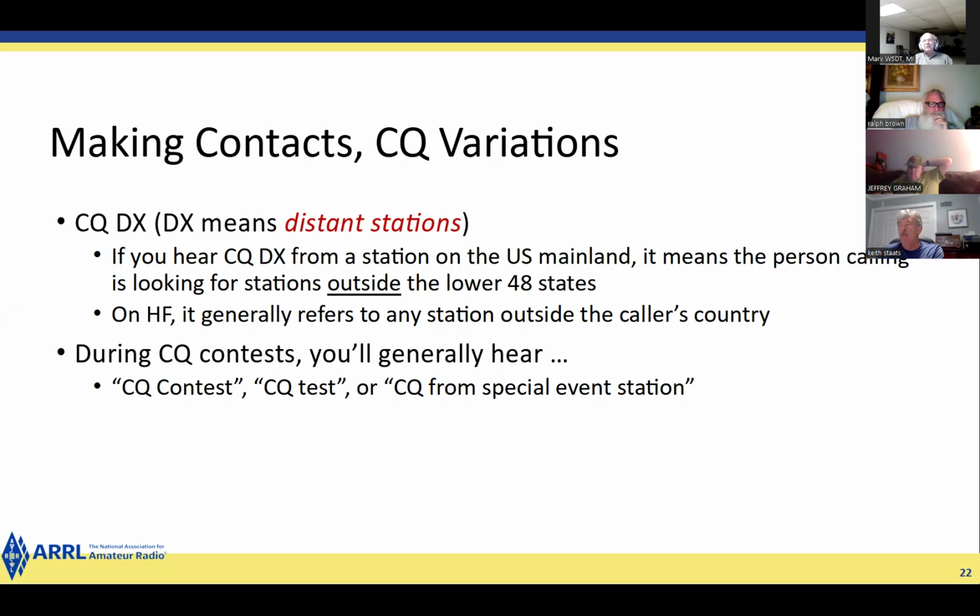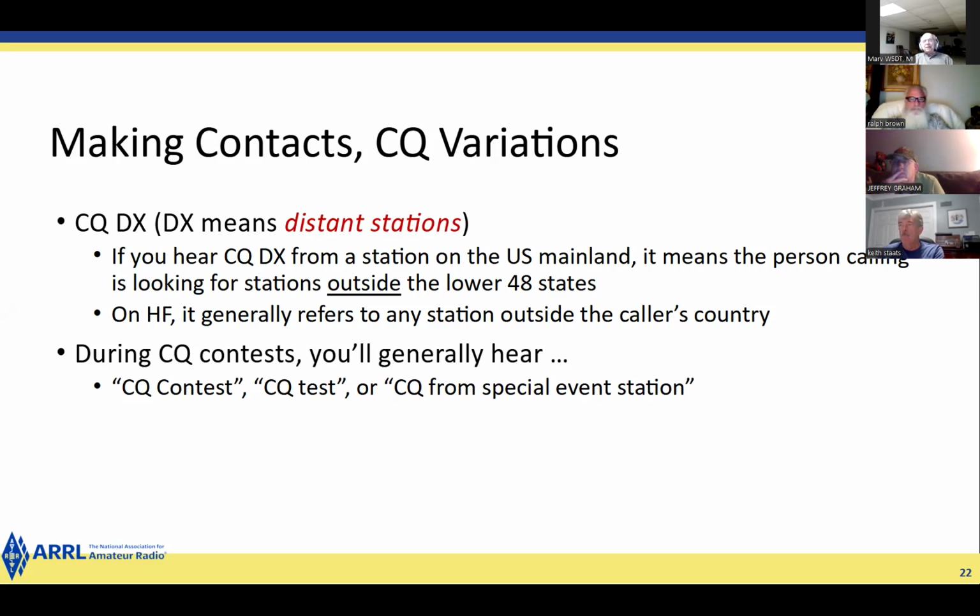Okay, so if you made contact with them and you lined them up, you could get a QSL card of your very own from Arizona or California or any of the states in between, or all the states that were on Route 66.